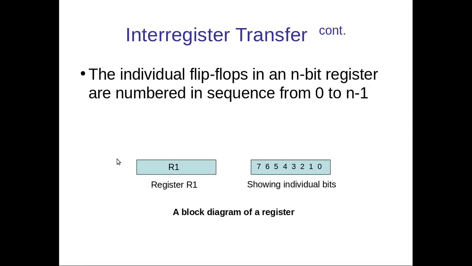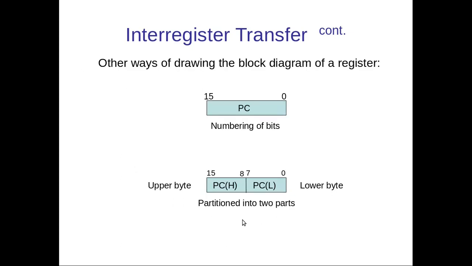Individual flip-flops in an n-bit register are numbered in sequence from 0 to n-1. For example, a register can be represented like this, or showing the individual bits 0, 1 up to 7, or like this, 0 to 15, then the name of the register. Then we can partition our register into different parts.